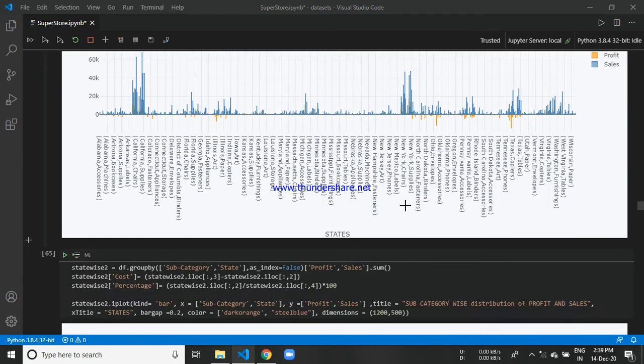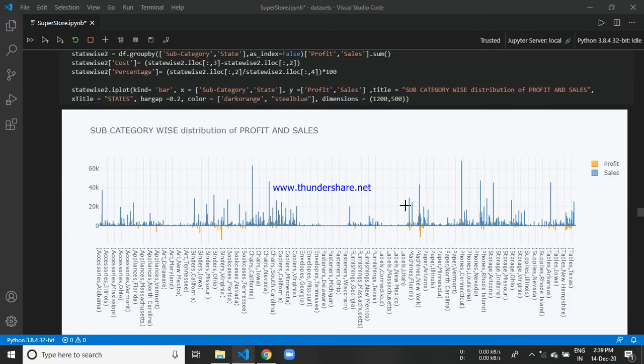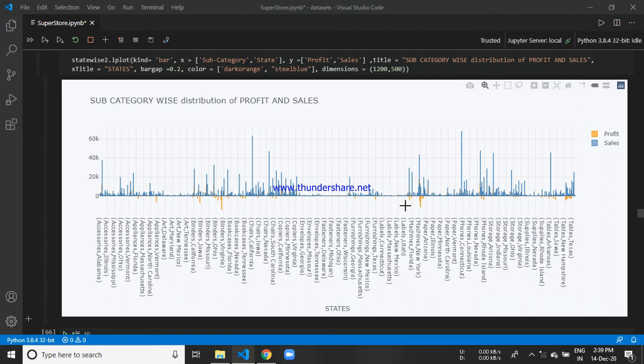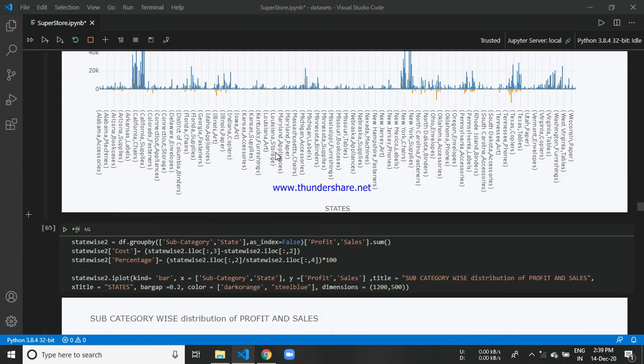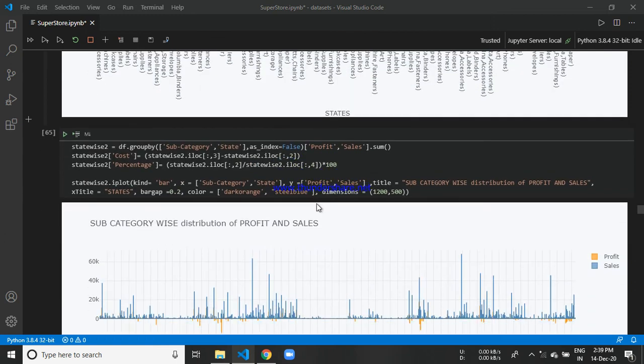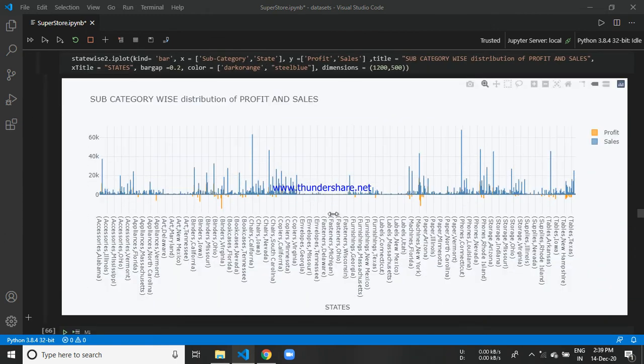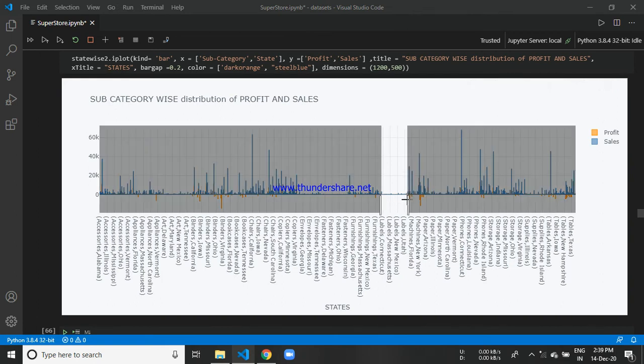Okay, so let's get going to another data, that is subcategory wise distribution of profit and sales. The upper one was state wise. If you want to see what the profit of New York is, you can just zoom into the New York section. And if you want to see what the profit of, let's say, labels is, you can zoom into the labels section only.